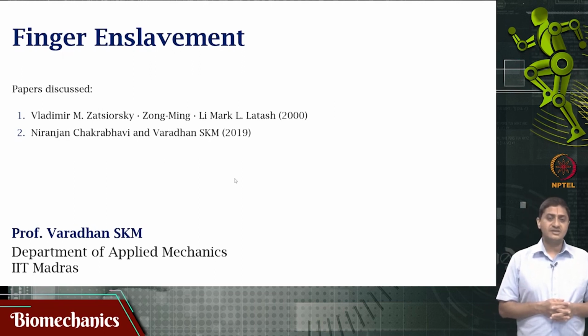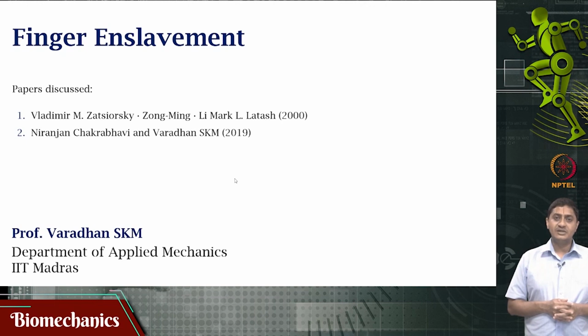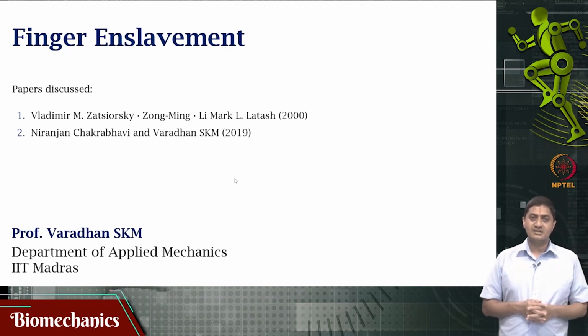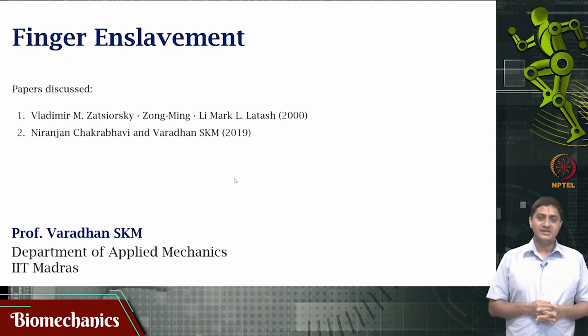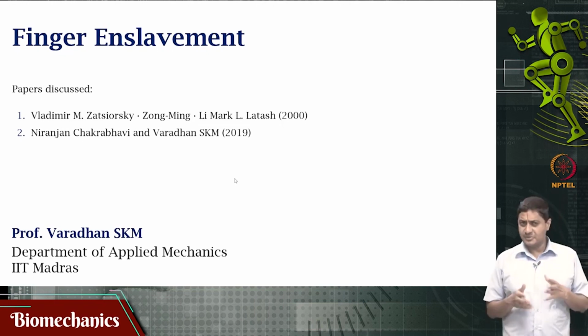Or we also looked at a case when one muscle gives rise to multiple tendons, and if the muscle is contracting, all these tendons might simultaneously contract. So there are many complications like this.